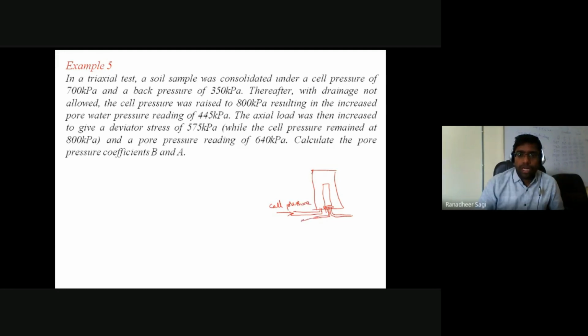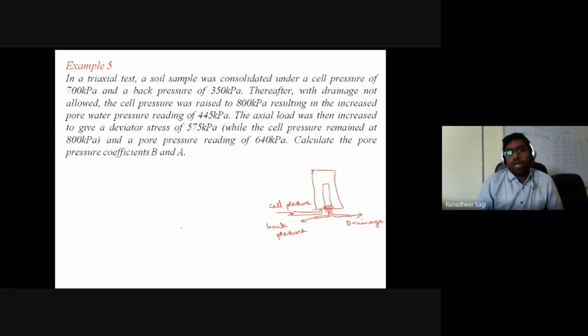One valve here is what we'll be using for supplying what is called back pressure. I'll tell what is the use of that. And another valve is what we are going to use for allowing the drainage out of your soil sample.